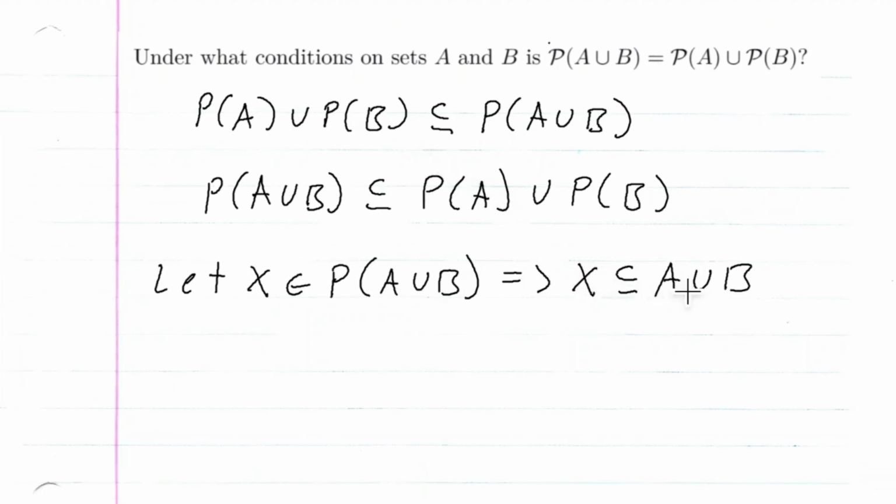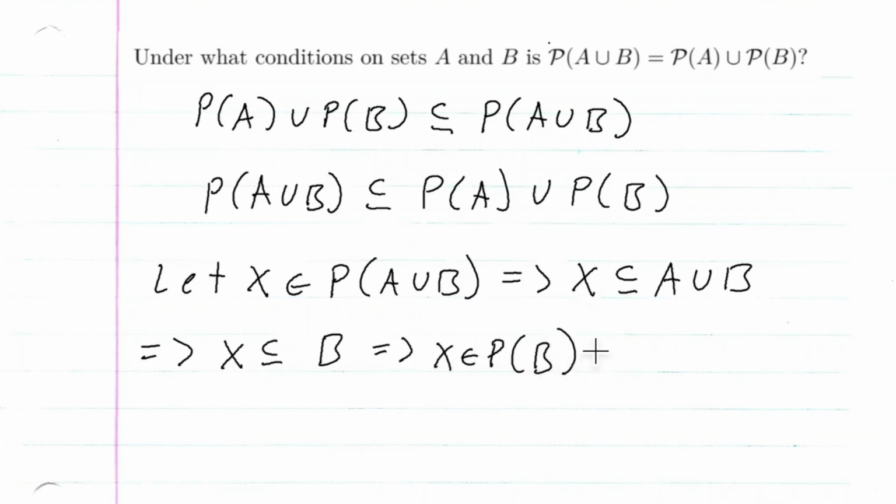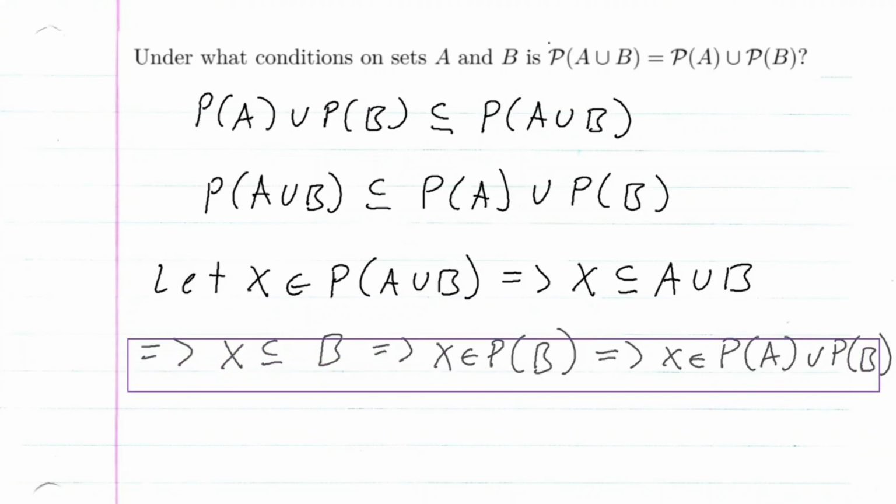We want to get from X's subset to A union B to maybe X is a subset of B perhaps, right? Because if X is a subset of B, this implies that X is an element of the power set of B. And of course, this implies that X is an element of the power set of A union the power set of B, right? So if we can get from here to here, then we're good. But the question is, how are we going to do that, right?